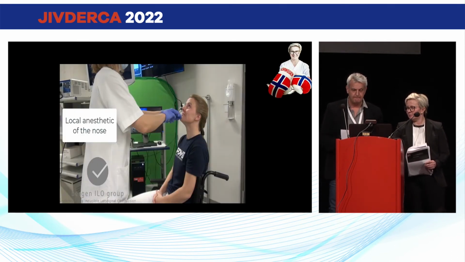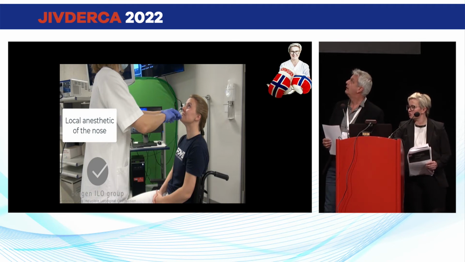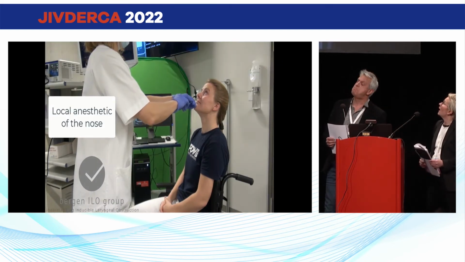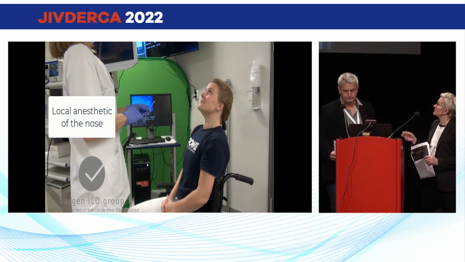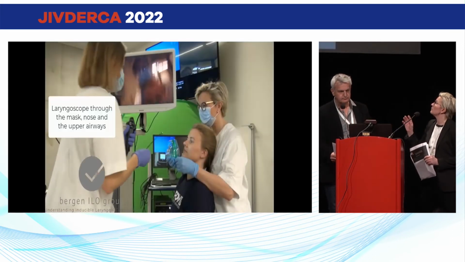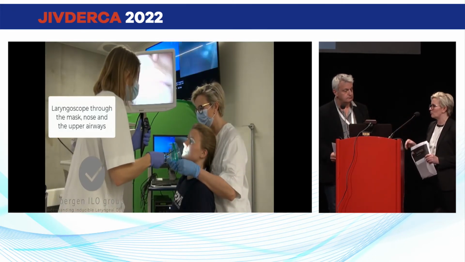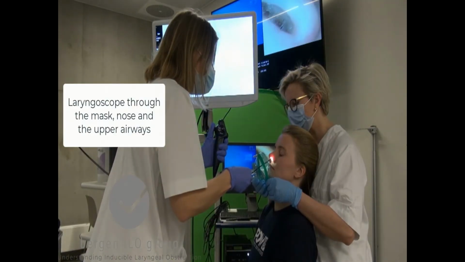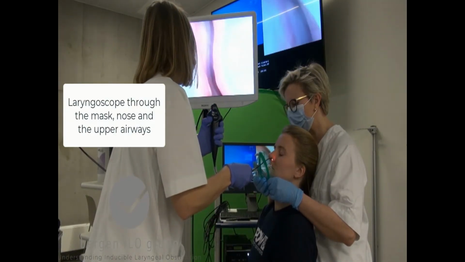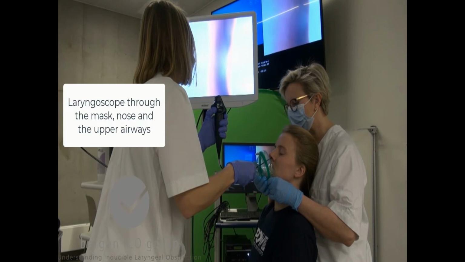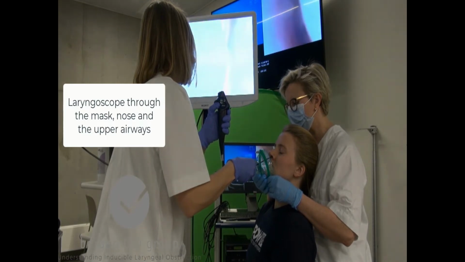We anesthetize the nose slightly, and with skilled hands use the scope. It takes maybe a minute to place it in your nose, and then we have a good view. Then we can start to use these therapeutic pressures to see what happens. This is one way to do it.